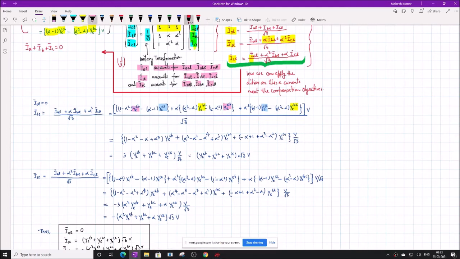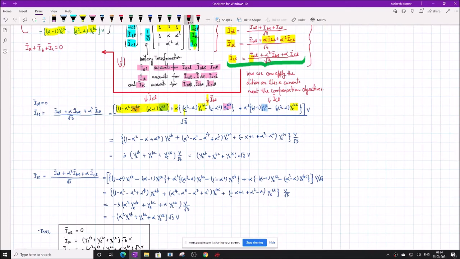So this whole expression is IAL, plus alpha into IBL, this whole thing is IBL, plus alpha square into ICL, so this is ICL. So IAL plus alpha into IBL plus alpha square into ICL, by root 3.